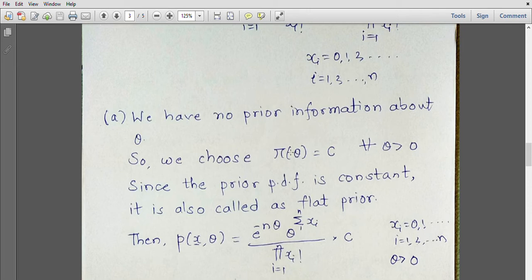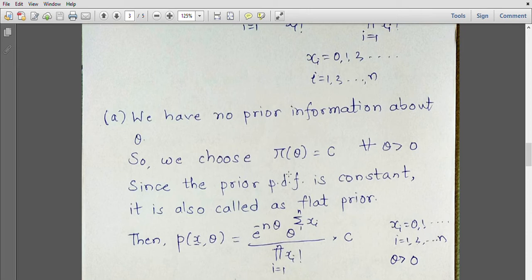Since pi theta has to be a PDF, this c must be positive. But pi theta need not be a proper probability density function, in the sense its integration need not be 1. Its integration might be less than 1. So even in that case, we end up getting a proper posterior distribution.